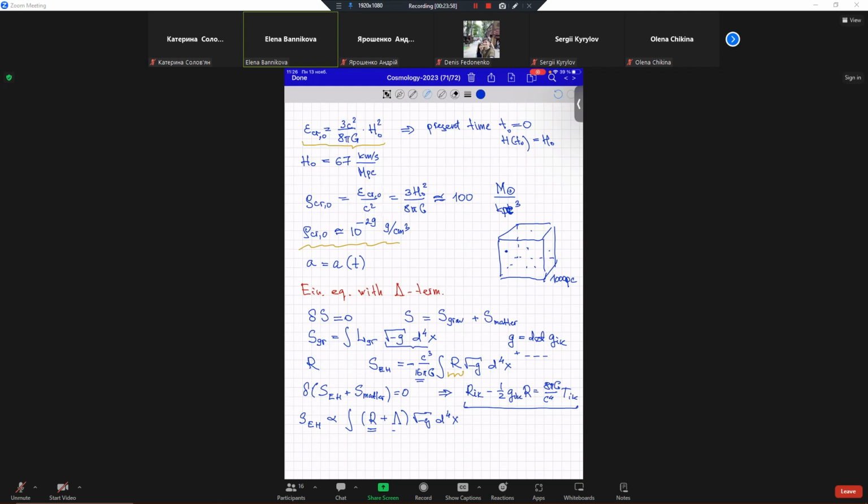And to save the static universe, he decided to put into the gravitational action what we now call the lambda term, or the cosmological constant.